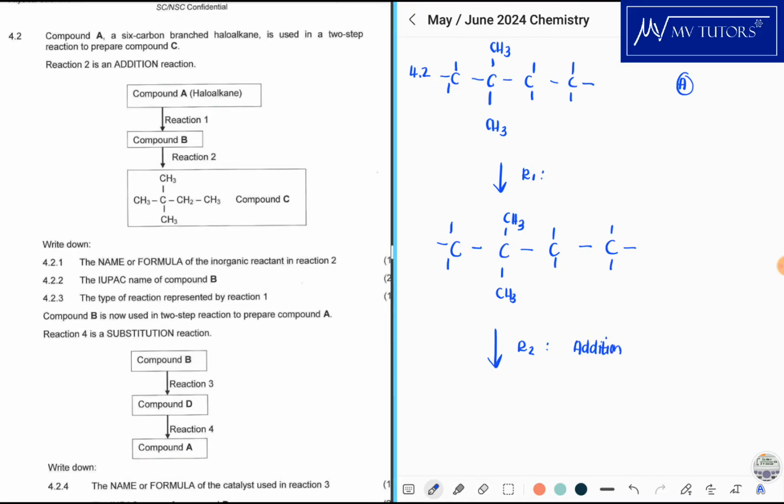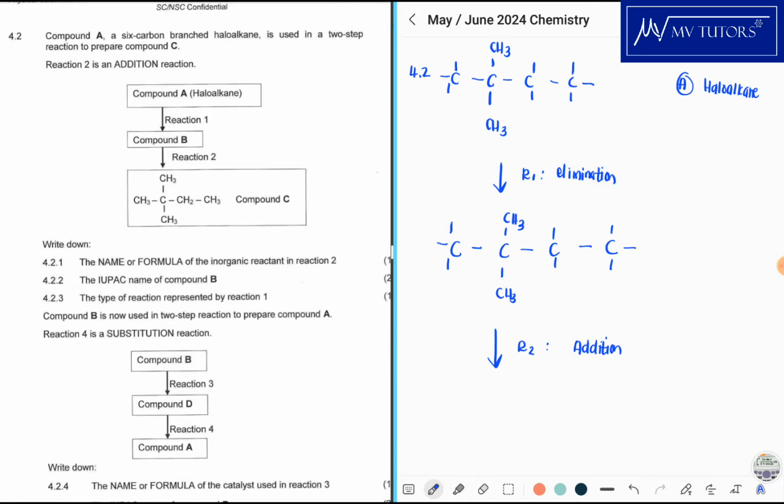Okay, if we have a haloalkane and then it undergoes reaction 1, I think, because for you to have an addition, you must have a double bond somewhere. Okay, I think reaction 1 has to be an elimination reaction. Elimination reaction. So that we have a double bond.